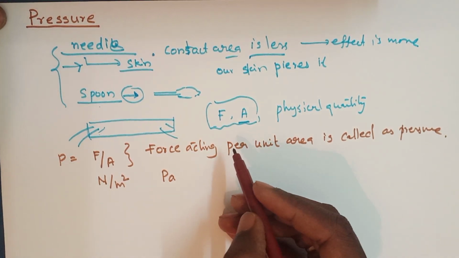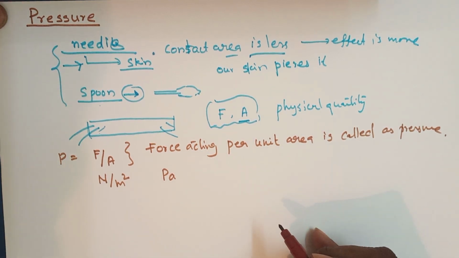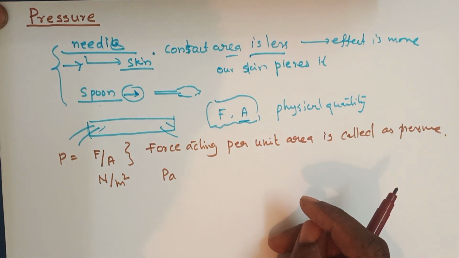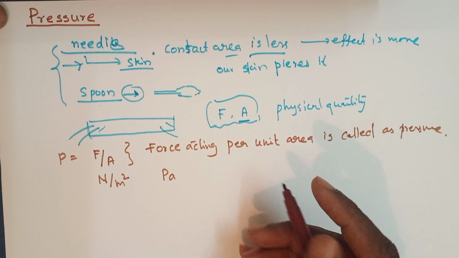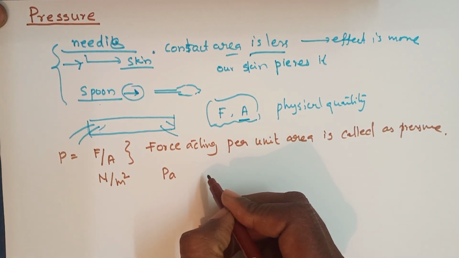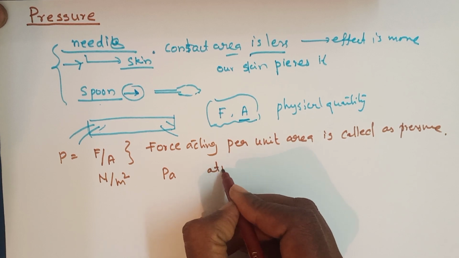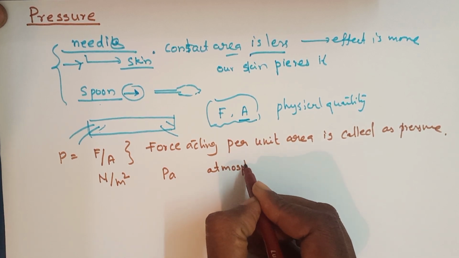In general, outside in the atmosphere, it is a mixture of gases, where air is also a mixture of gases. So the pressure acting on a body if you keep it outside is called atmospheric pressure.